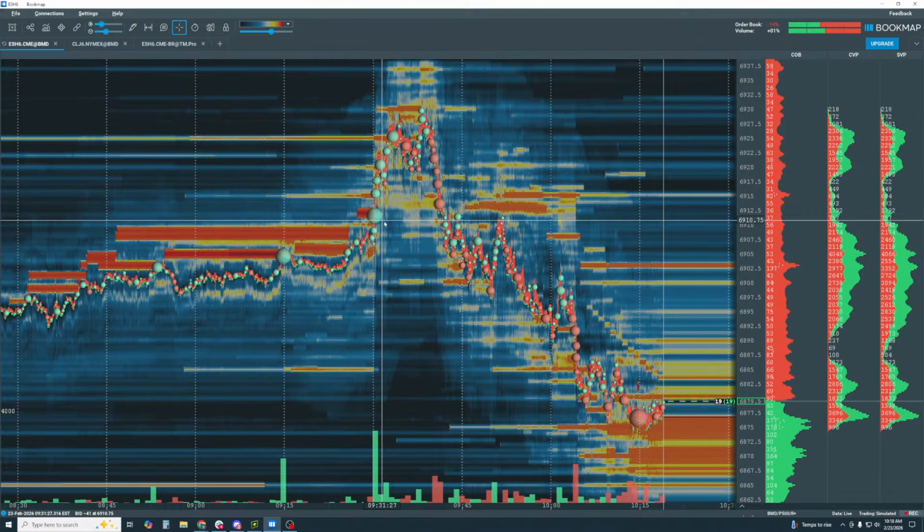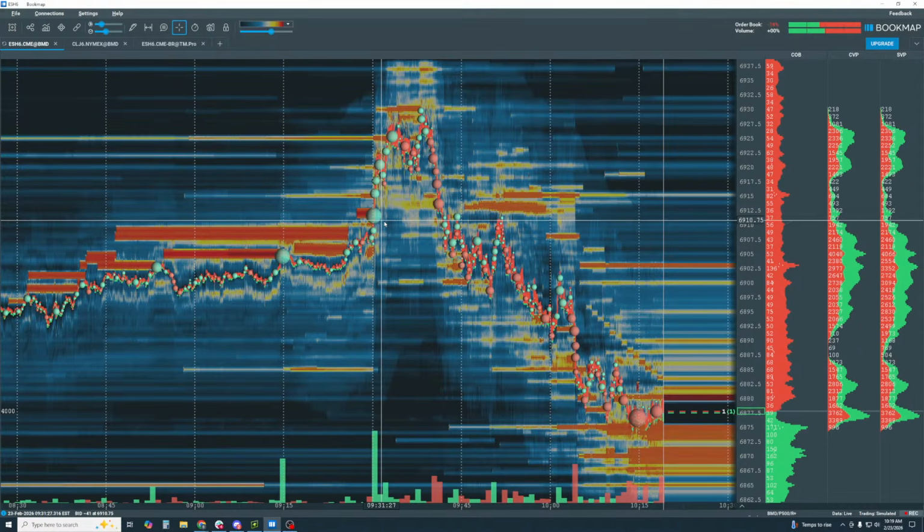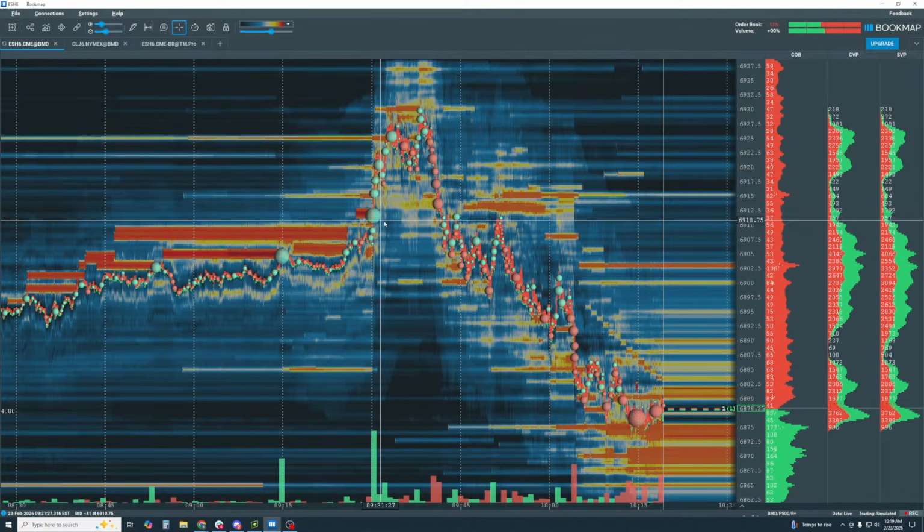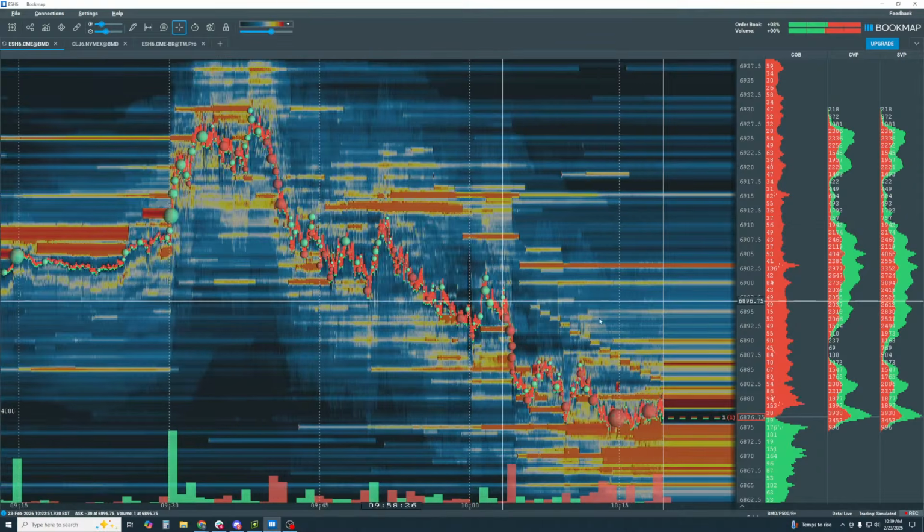Then typically after 10, around 10:30, 11:30, it can get very choppy. There's a lot of back and forth. So what kind of moves are we looking for during this time frame? This will help us filter for good trades. So that's what we're looking for.